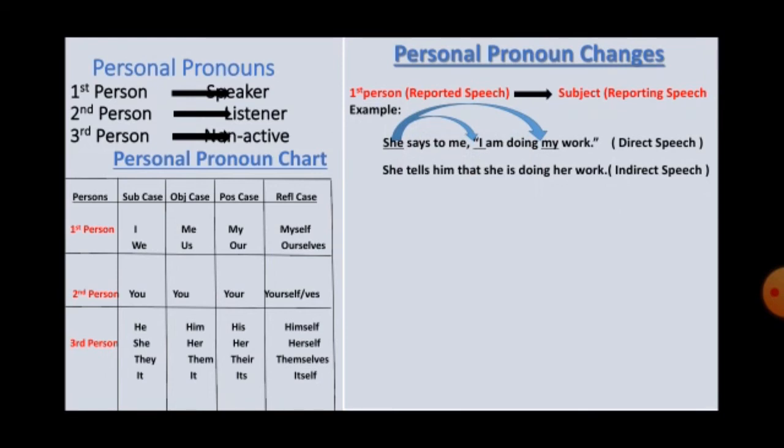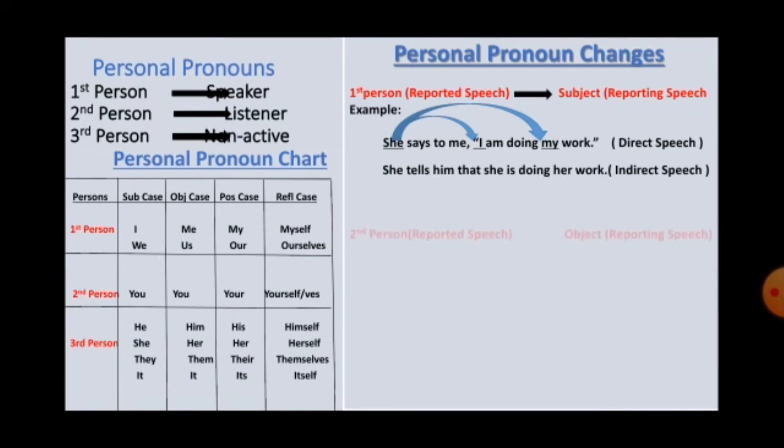So these are minor changes. In place of I I have put she, because she is the subject and I is first person, and first person is changed according to the subject. In place of my, I have put her, just because my is first person and first person is changed according to the subject of the person.